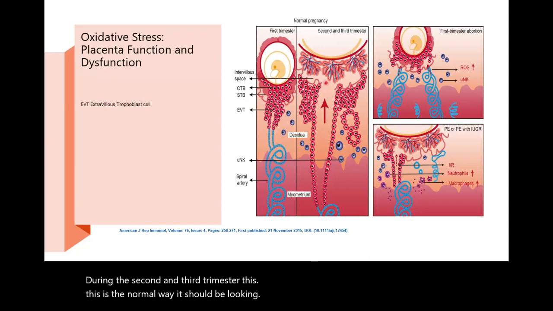If any problem or disorder occur, like for example, if you see here trophoblast connection between the spiral artery was not connected by the tip, and the reactive oxygen species are going to be elevated, that will cause a first trimester abortion.